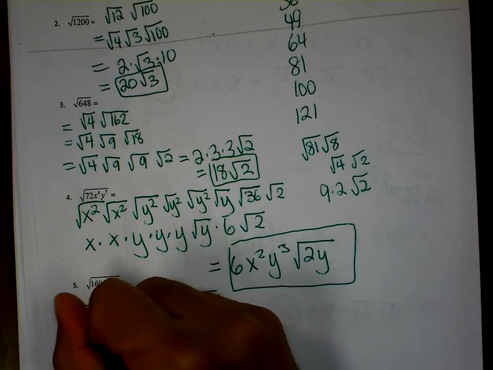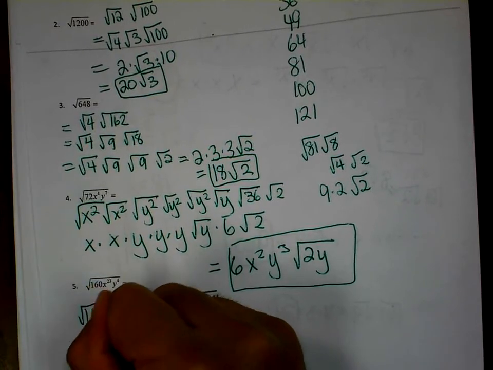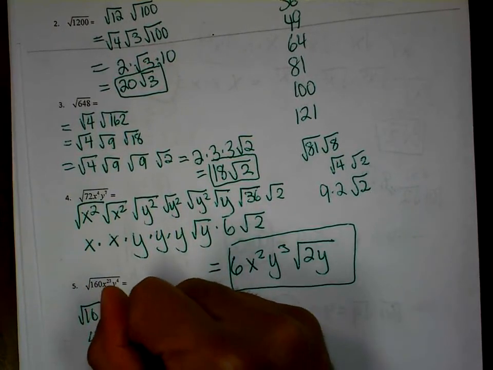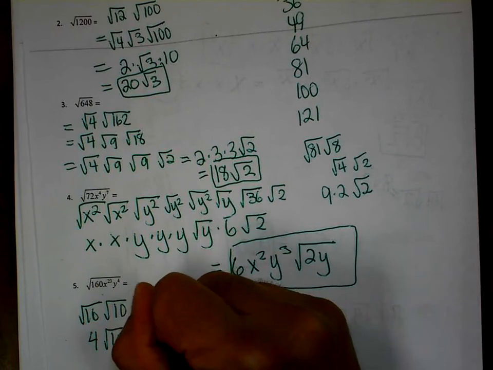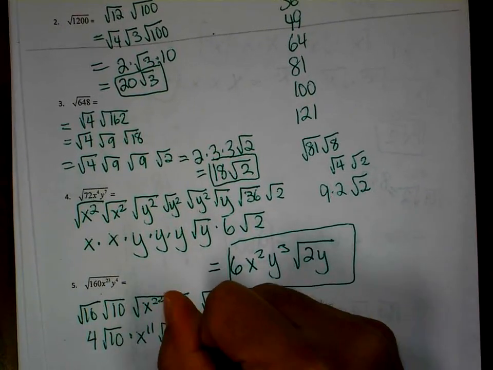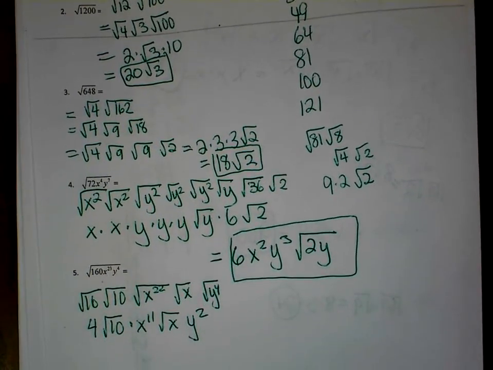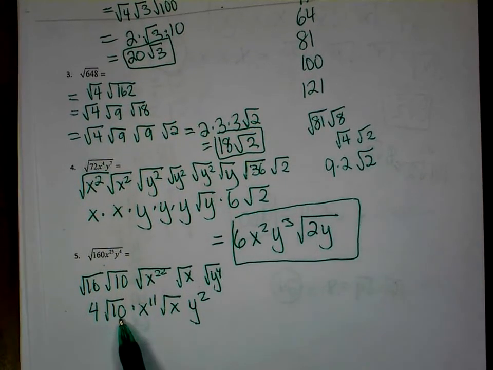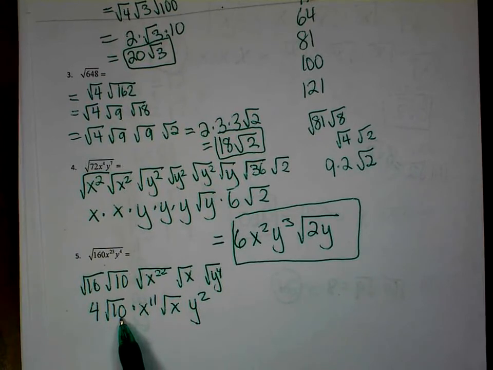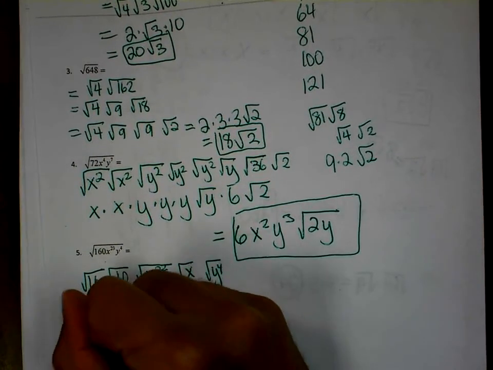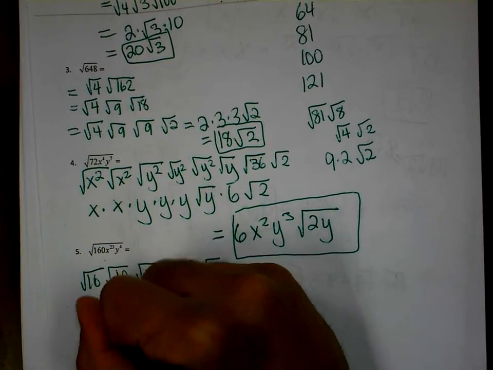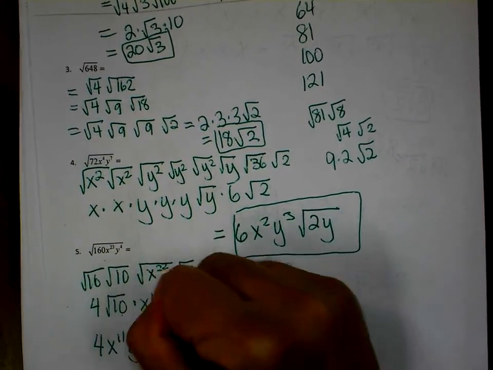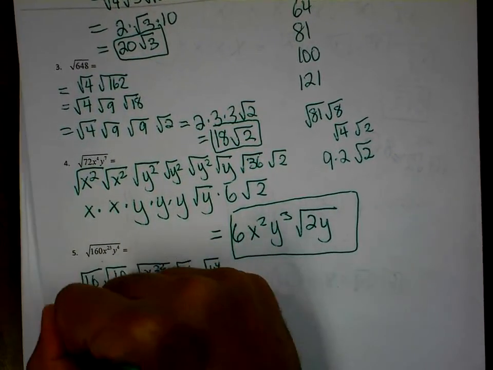So now the 16 breaks down to 4 root 10 times x to the 11th square root of x times y squared. And now getting all the things out of the square root together, because I don't think I can pull out anything from 10. Right, 2 and 5, those don't have perfect squares. So this is 4x to the 11th y squared square root of 10x.